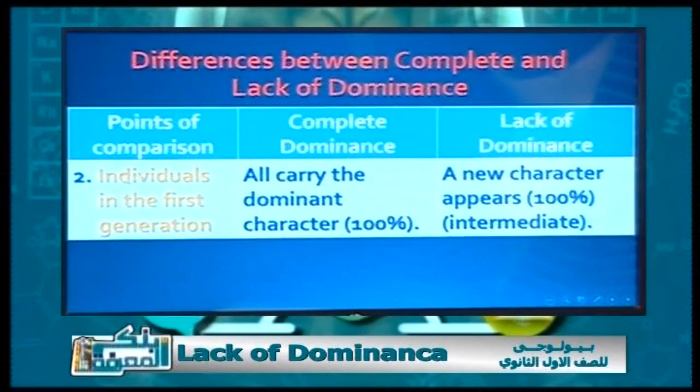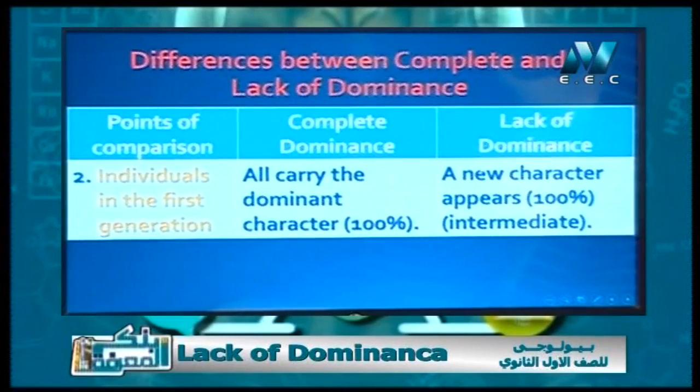The second point, the individuals in the first generation. What are the individuals in the first generation? In case of complete dominance, all individuals carry the dominant character, and the ratio is 100%.